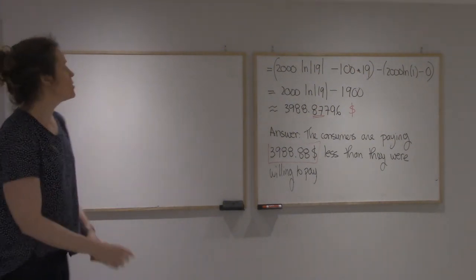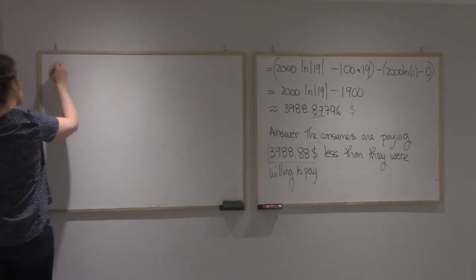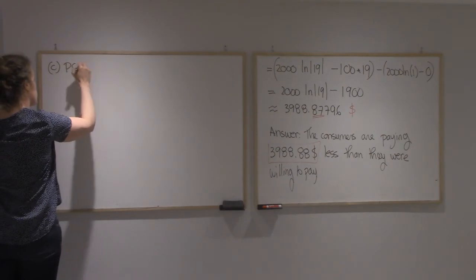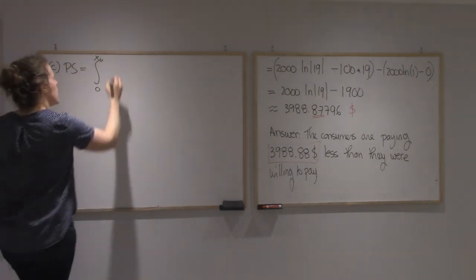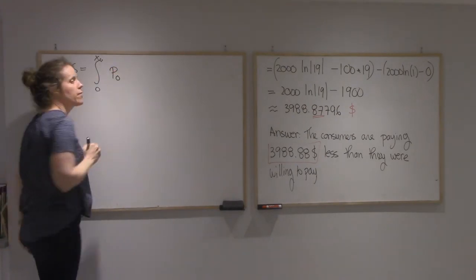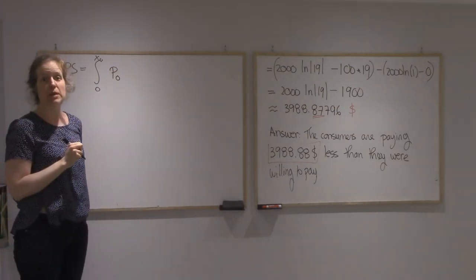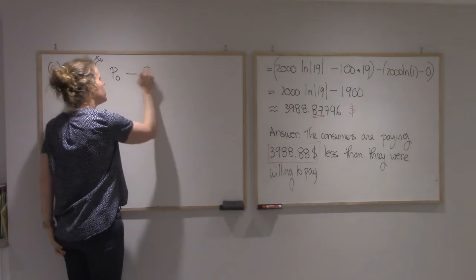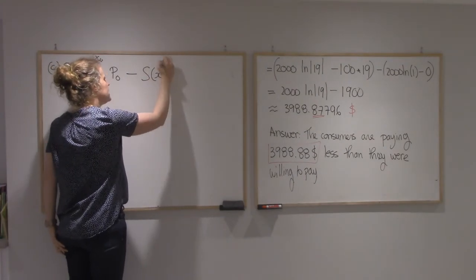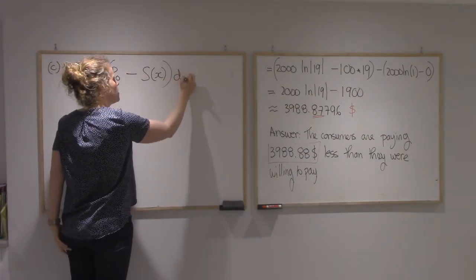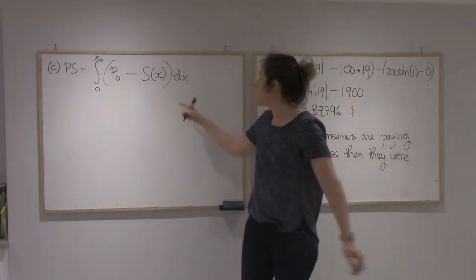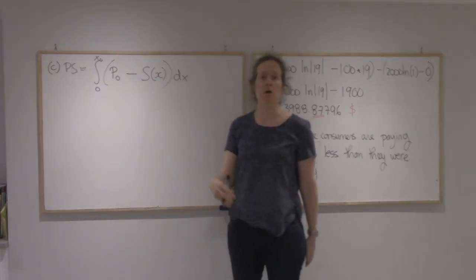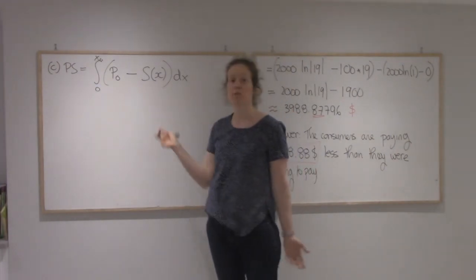Now let's do the producer surplus. Now this is how much people are getting, so how much the producers are being paid, minus how much they were willing to be paid. So you can think of this as their profit. Their bottom line, the lowest price they would sell at, would be cost, and this is how much they're making.